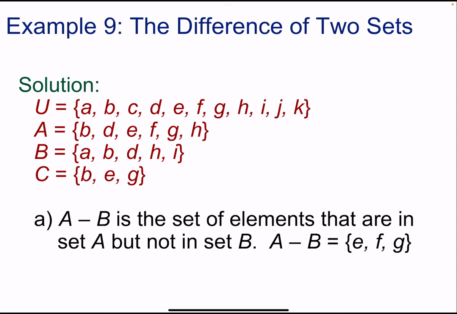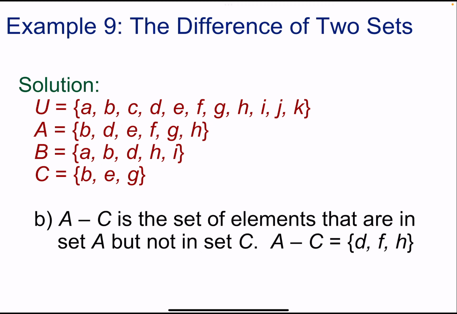Notice that B is in both sets, D is also in both sets, and H is in both sets. If we remove those three elements from A, what is left in A is E, F, G. So that's why you get that for A minus B.